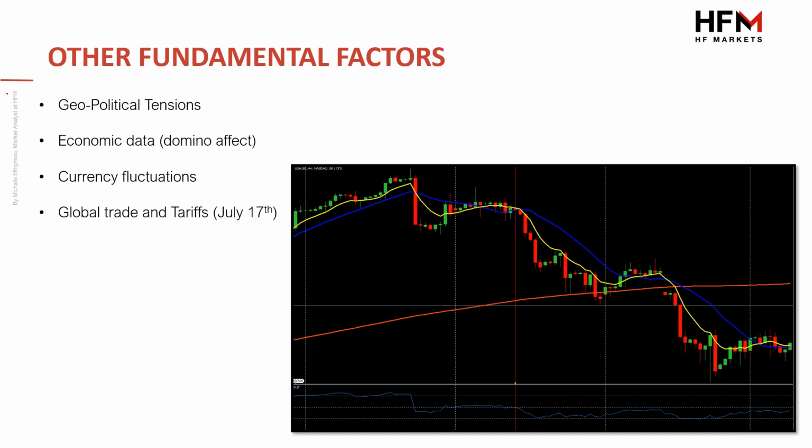Definitely we have to keep an eye on that. Economic data, which can have a domino effect within the market, mainly inflation, employment, GDP. Those three are the most important. Inflation, GDP, employment. Currency fluctuations, we can look at as well.